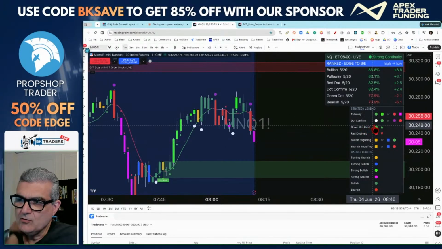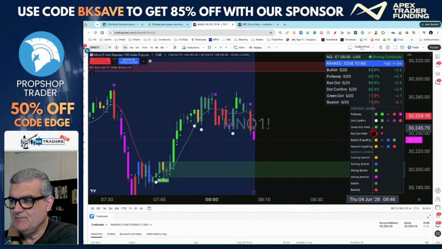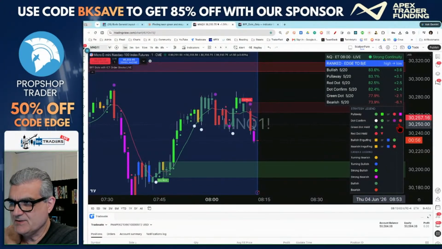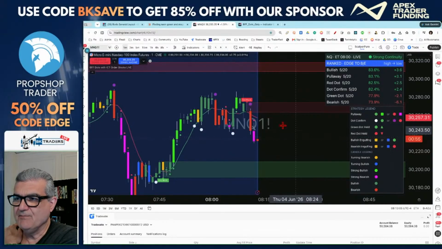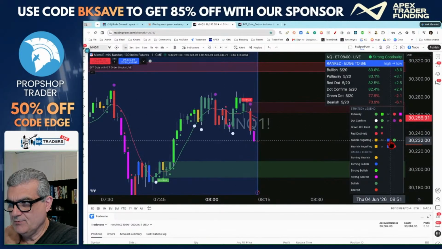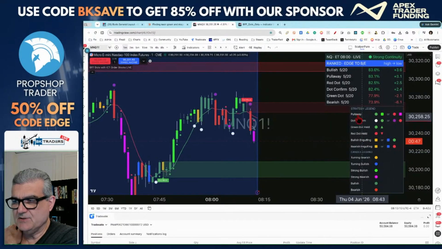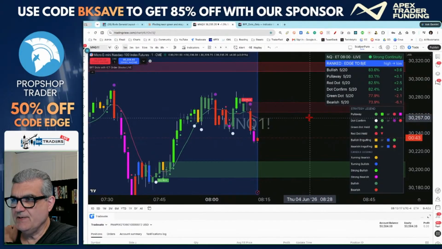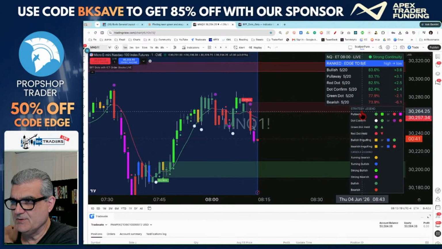Green dot hold means you're not breaking the lows, and in the red dot you're not breaking the highs. That's really all it means. And bullish engulfing is yellow or blue against the green, or yellow or blue against the red on the bearish side, right? So it creates lots and lots of interesting opportunities for you guys.